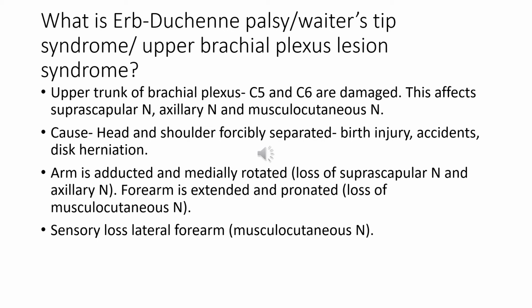The forearm is extended and pronated due to loss of musculocutaneous nerve. This produces the waiter's tip position. There is sensory loss in the lateral forearm, which is usually innervated by the musculocutaneous nerve.